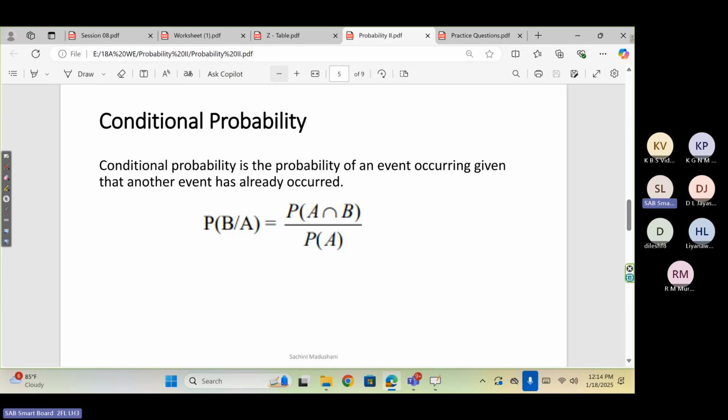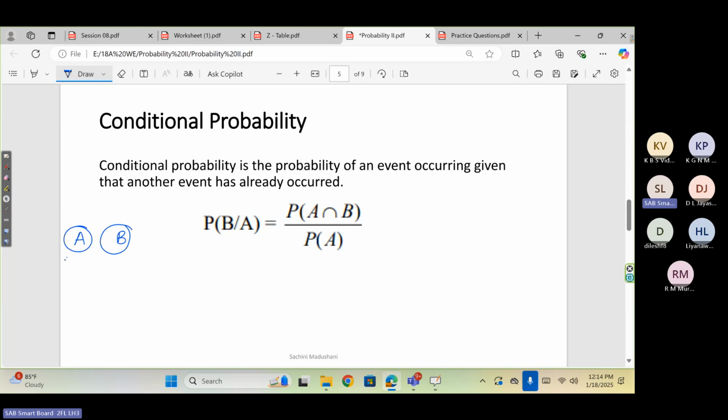It means we take two events, A and B. Then we need to find out the probability of event A occurring. At that time, event B has already occurred.